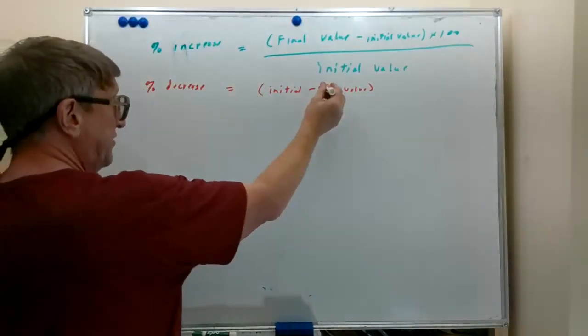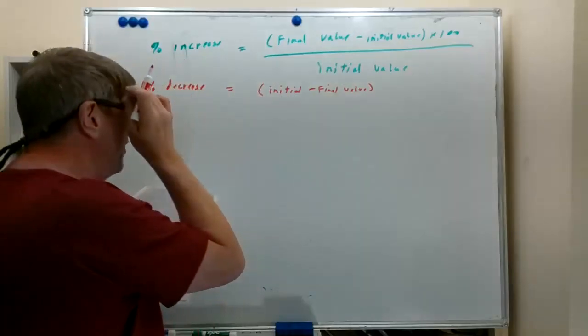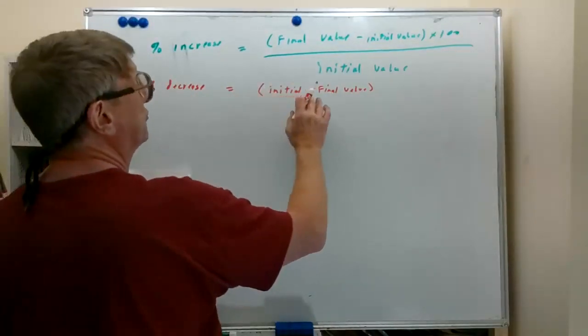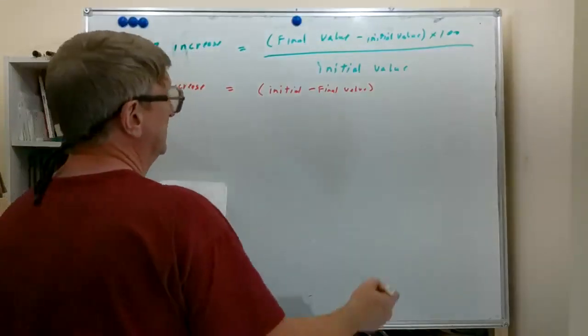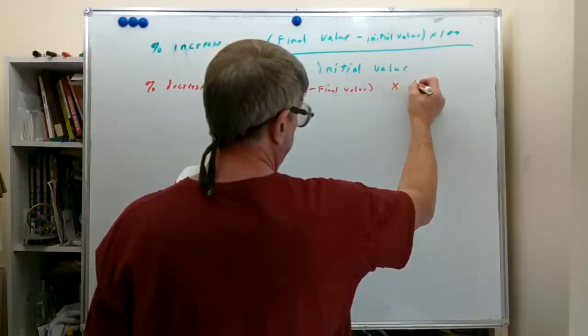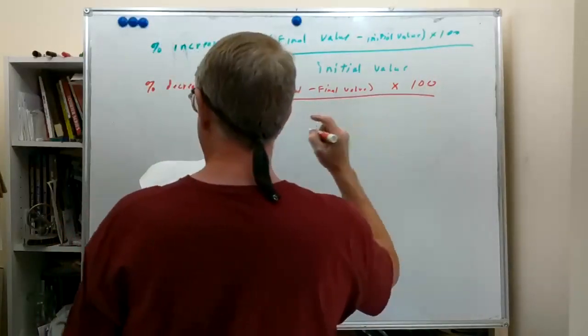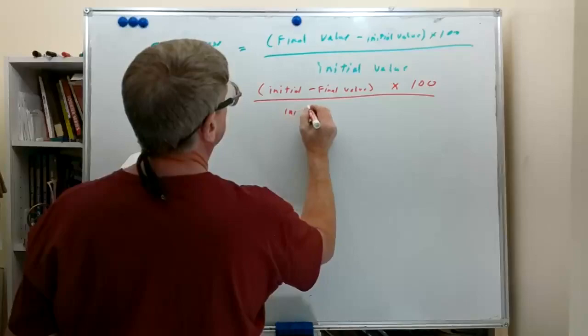Being we're decreasing, final value is going to be less than initial value. We want to remain with positive numbers, so we're going to take the initial value, subtract from that the final value. We're going to multiply that times 100 for the same reason as above, and we're going to divide that by the initial value.